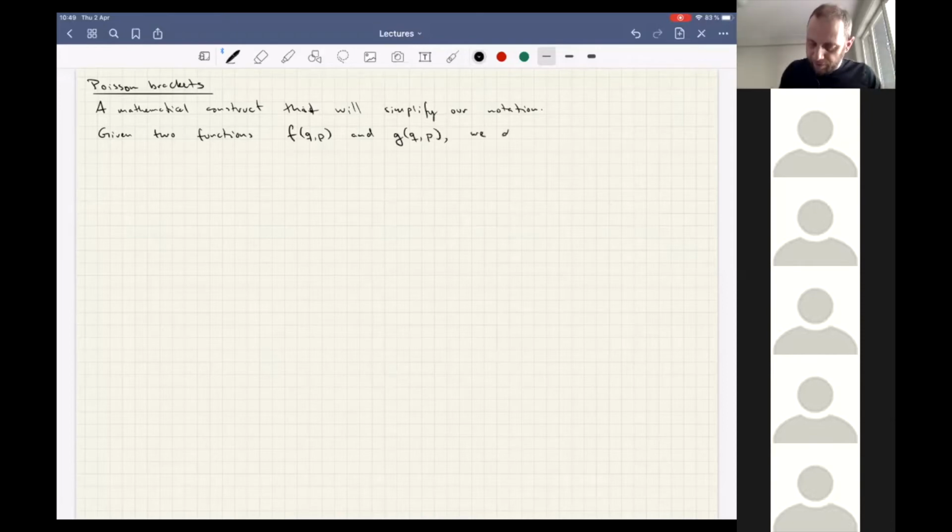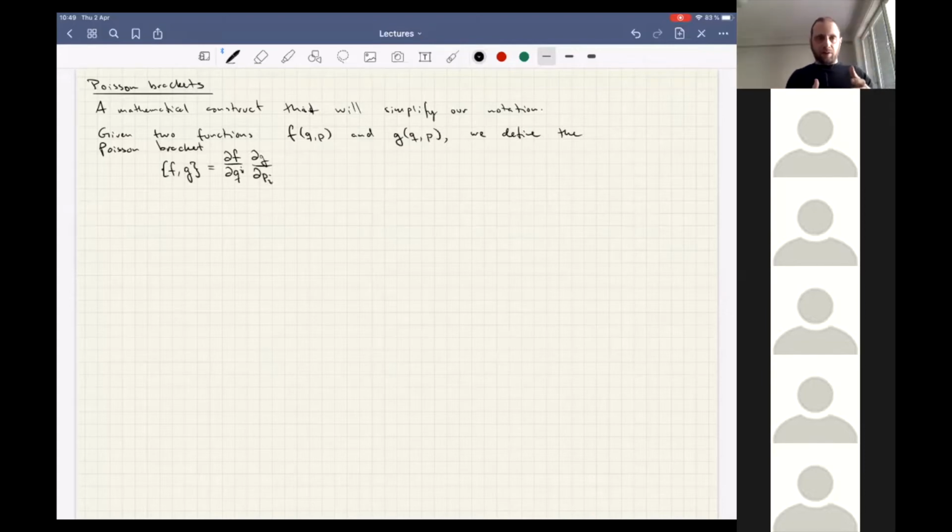So we define the Poisson bracket between those two functions. I'm going to write it with curly brackets: f, g, curly brackets. This is defined as the derivative of f with respect to qi, times the derivative of g with respect to pi.